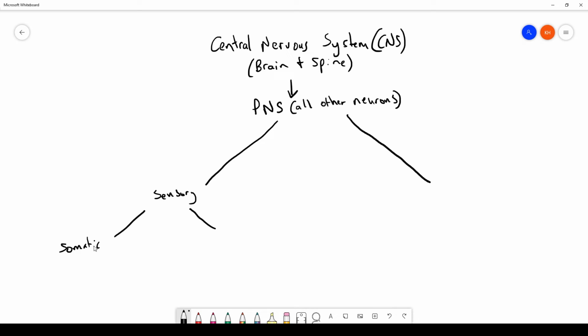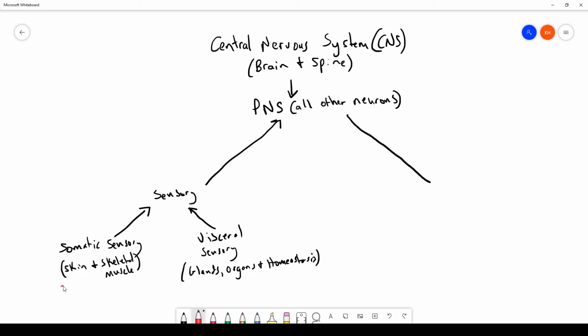We can divide this into the somatic sensory branch associated with perceiving sensory information primarily from the skin and skeletal muscles, as well as the visceral sensory branch that is responsible for monitoring organs, glands, and homeostatic set points.